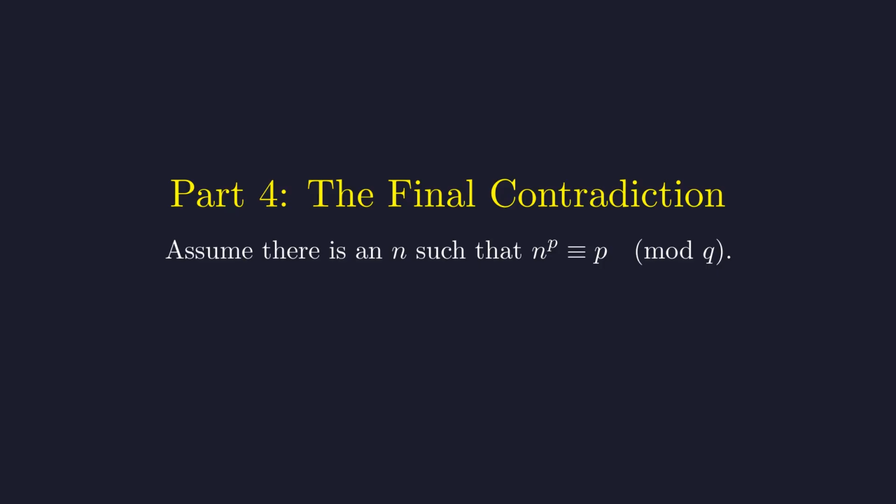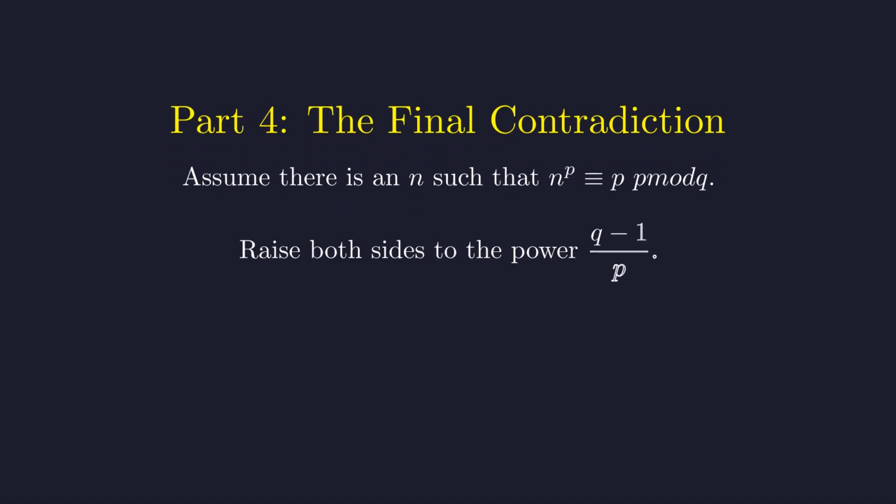Now we just need to prove that this specially chosen q actually works. We will use one last proof by contradiction. Assume for contradiction that there is some integer n where n to the p is congruent to p modulo our chosen q. Since we know q is congruent to 1 mod p, (q minus 1) over p is an integer.